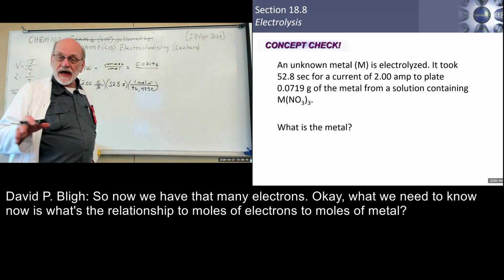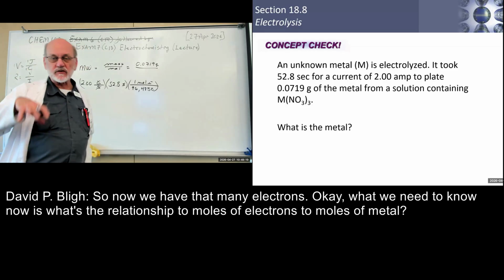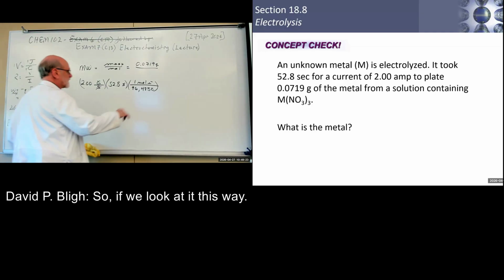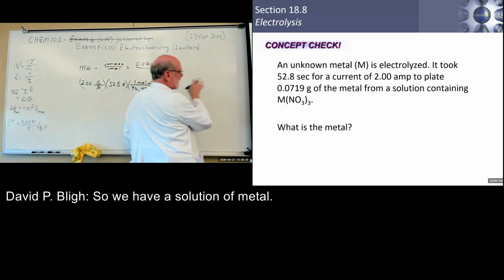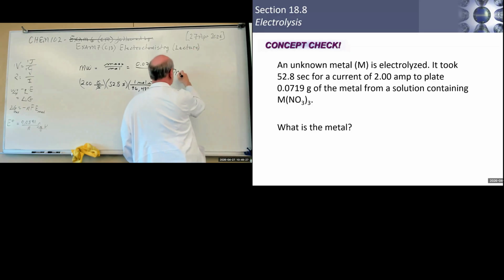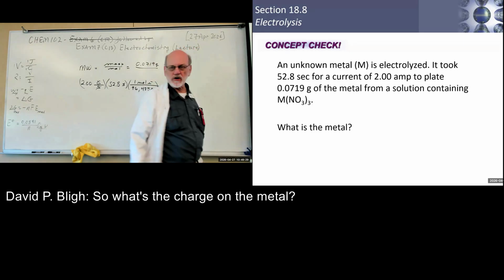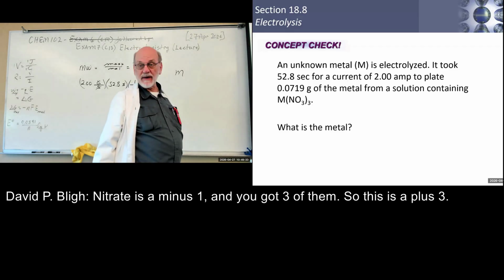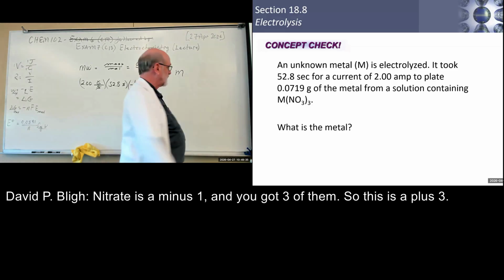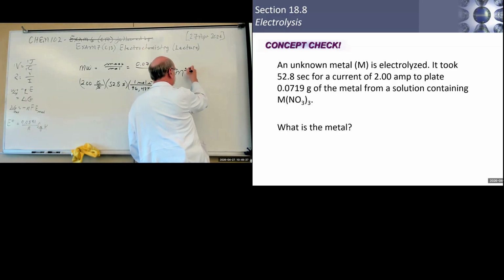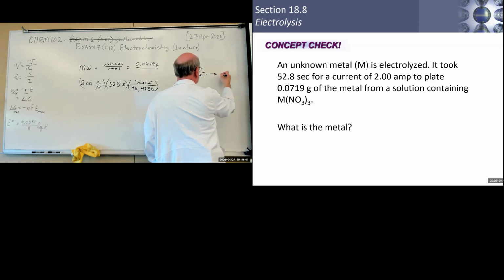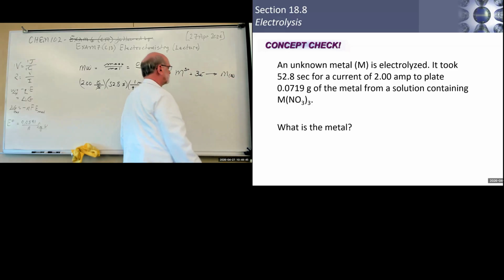What we need to know now is the relationship of moles of electrons to moles of metal. So if we look at it this way, we have a solution of metal. What's the charge on the metal? Nitrate is a -1, and you've got 3 of them, so this is a +3. +3 electrons yields that metal.